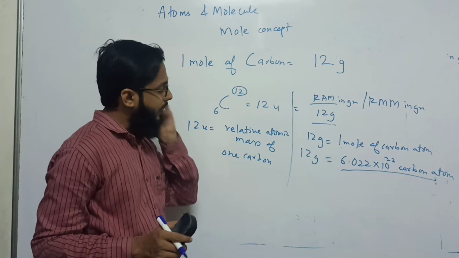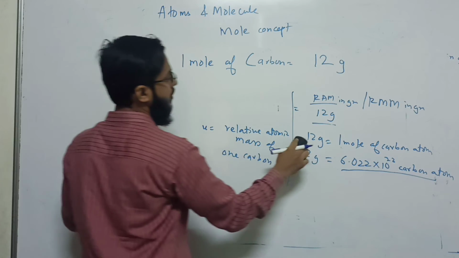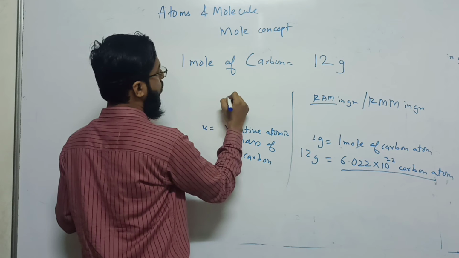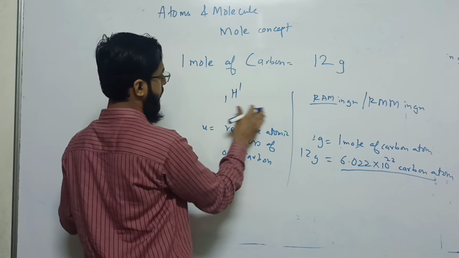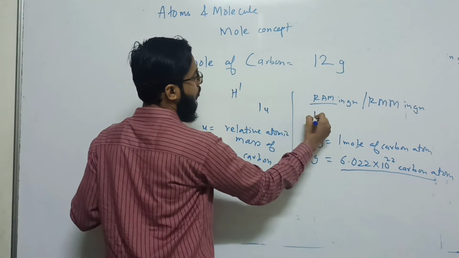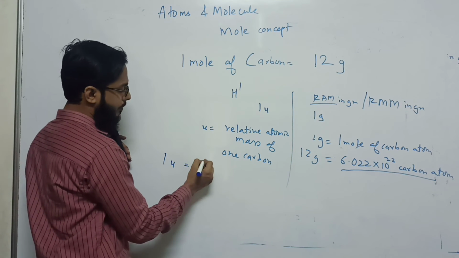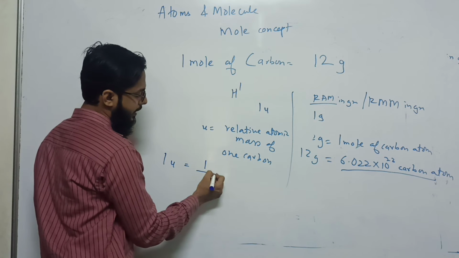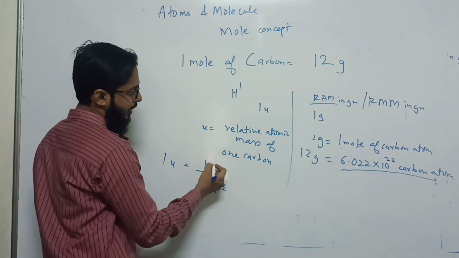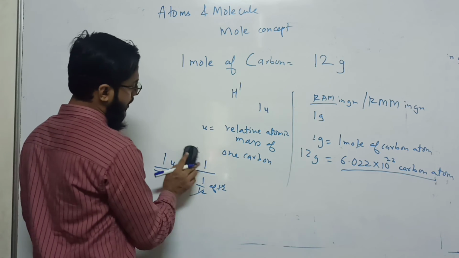Okay, fine. Now let's take another example. H-1, that is hydrogen. So here we are talking about hydrogen, 1 U and 1 gram. How did this 1 U come? Hydrogen weight is compared to 1/12 of carbon-12, and the weight which came is known as 1 U, that is relative mass of hydrogen.